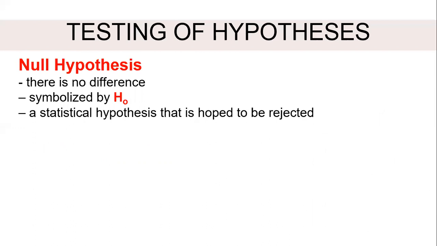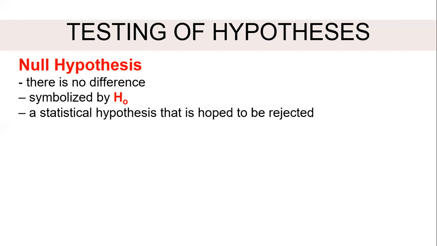For example, there is no significant difference between the test scores of the two sections. There is no significant difference in the pre-test and post-test scores. There is no significant relationship between height and weight of a person. So that's an example of your null hypothesis, and it's symbolized by H0.